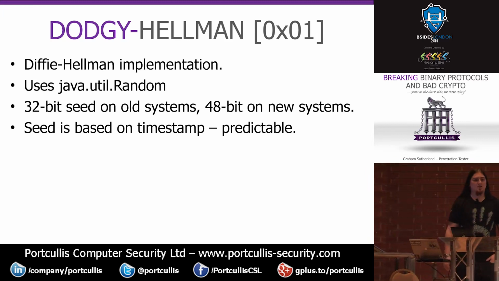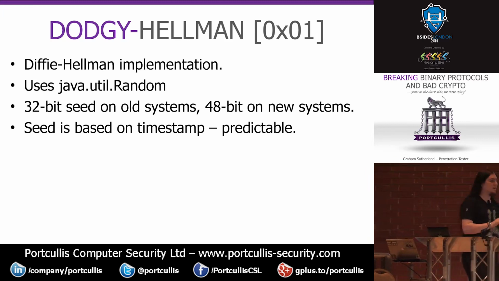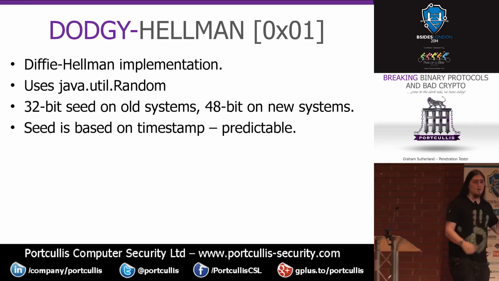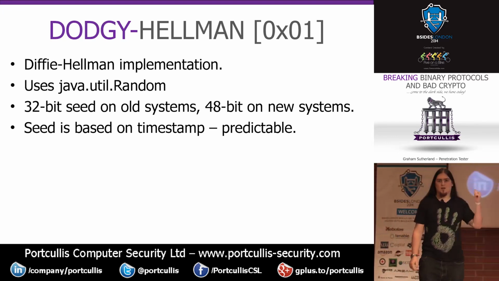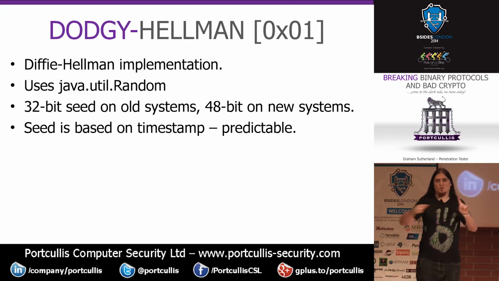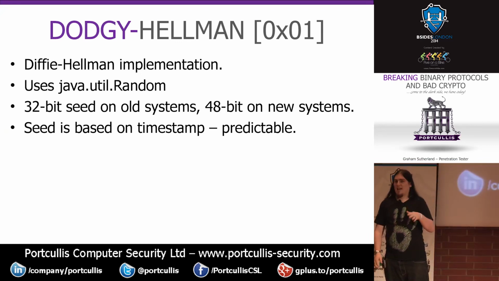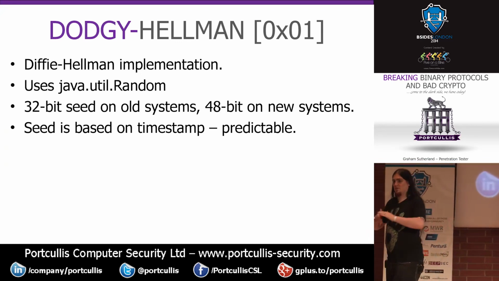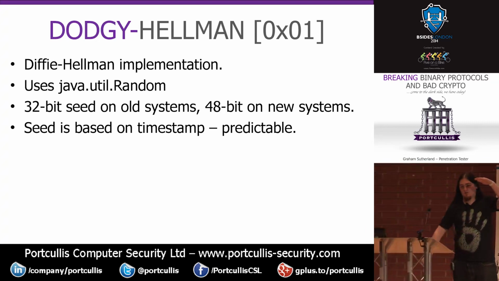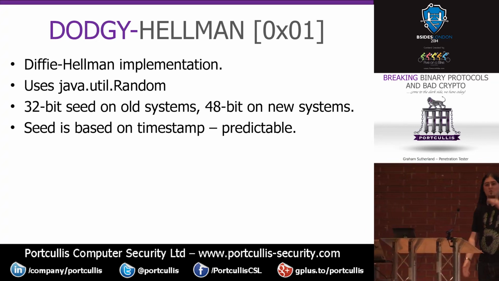And the seed is also based on a timestamp, so that really narrows down your values, because if you know that the applet started up roughly when you just saw somebody download a big bit of HTTPS data off of the Netscaler, you can guess roughly what range the timestamp is within, and therefore you've cut the number of seeds down massively.